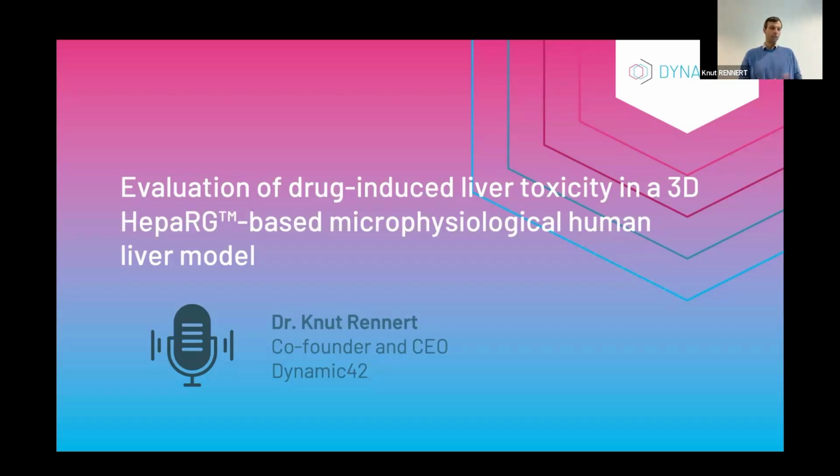Even earlier, before founding the company, we already worked with HepaRG in a research group in Alexander Mosi's lab here in Jena. As already mentioned, we are developing and commercializing organ-on-a-chip platforms, also known as microphysiological systems, and they improve the data quality already in the preclinical phase.